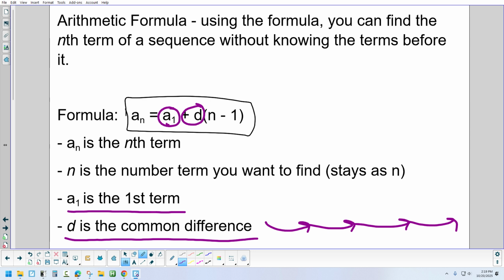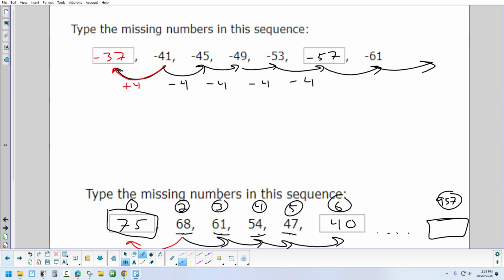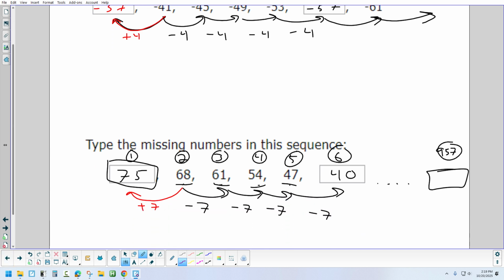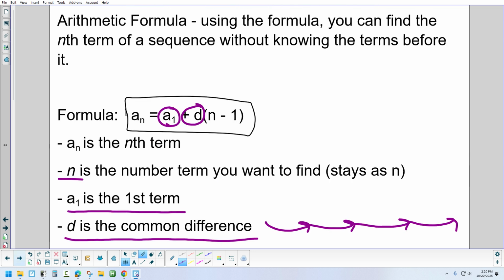That's how you always have to think of it. N, you don't have to change that at all. N is going to stay the same. So if I wanted to know the 957th term in this pattern, N is the number of the term I want to know. So in that case, it would be 957.